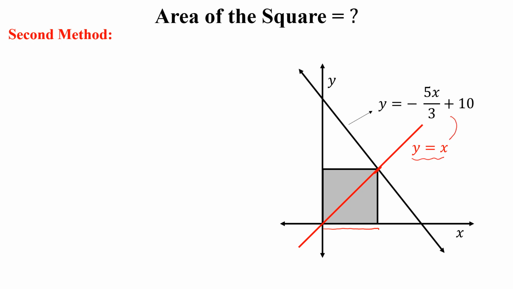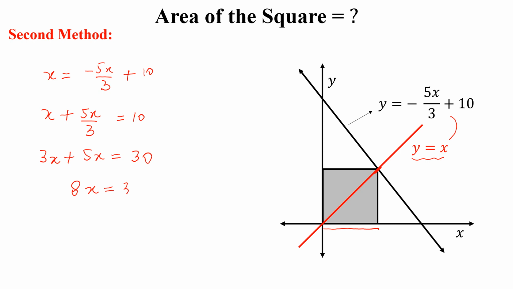Now if we compare these two equations, we can write x equal to minus 5x divided by 3 plus 10, and from here x plus 5x divided by 3 equal to 10. Multiplying both sides by 3, we will get 3x plus 5x equal to 30 and 8x equal to 30.